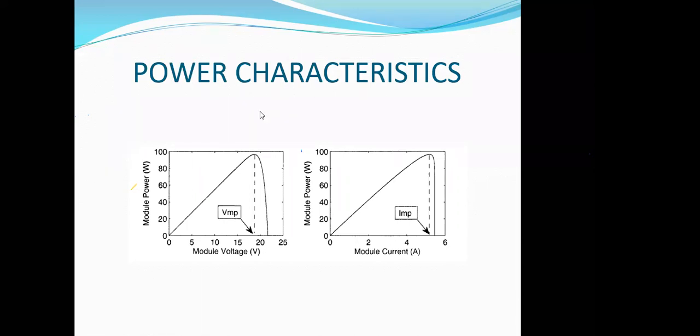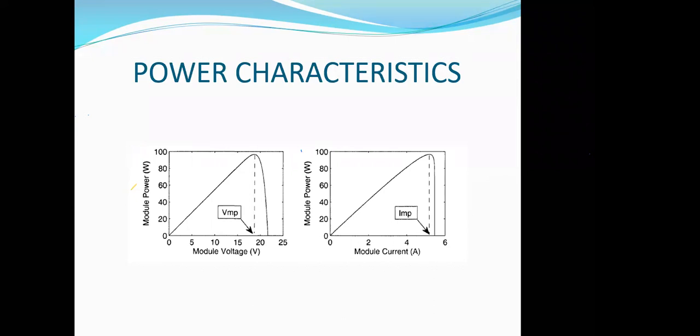At the maximum power point, Pk plus 1 minus Pk will not be exactly 0, but approximately equal to 0. So we give an error value, and if Pk plus 1 minus Pk is in this range, then we have achieved the maximum power. This is called the perturb and observe method.